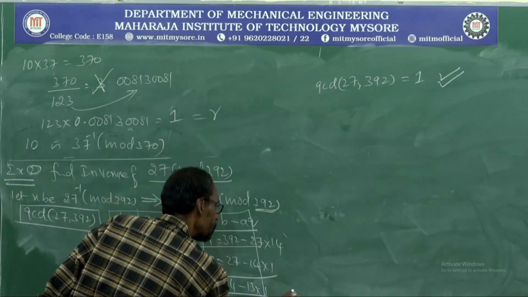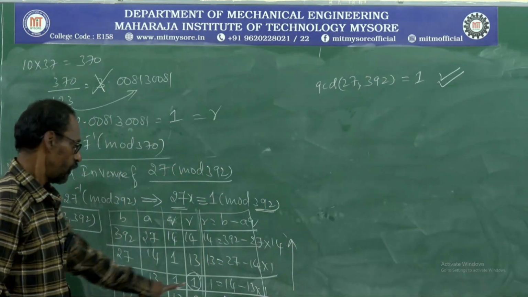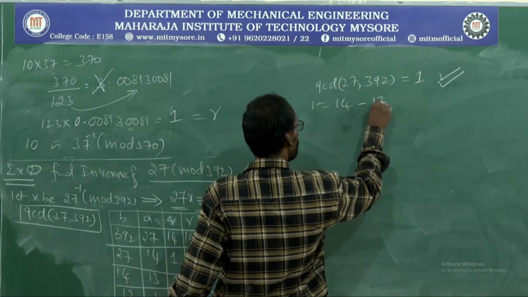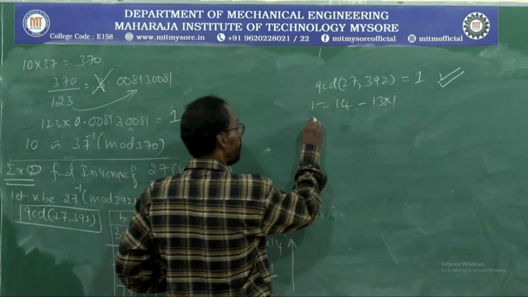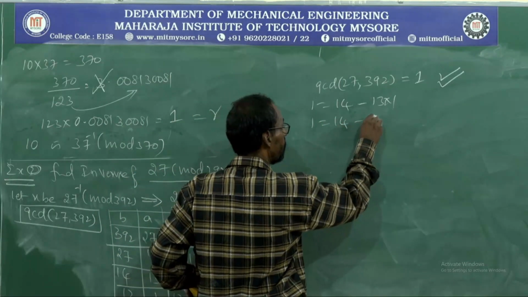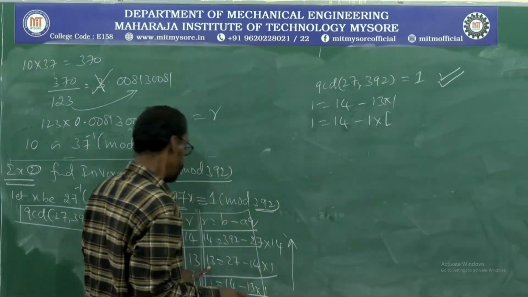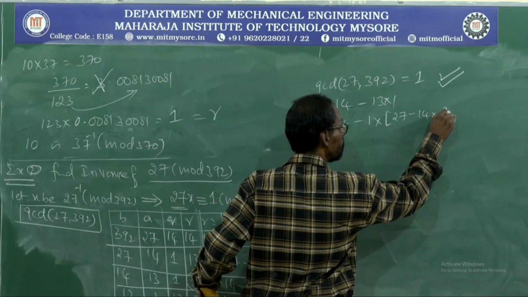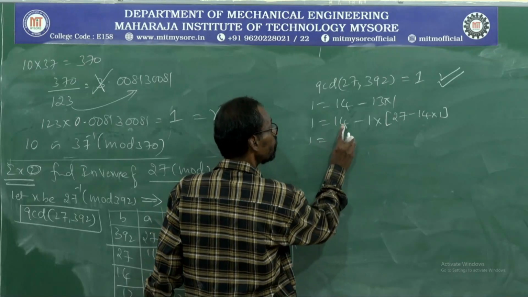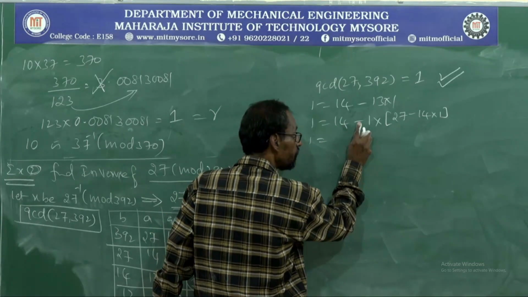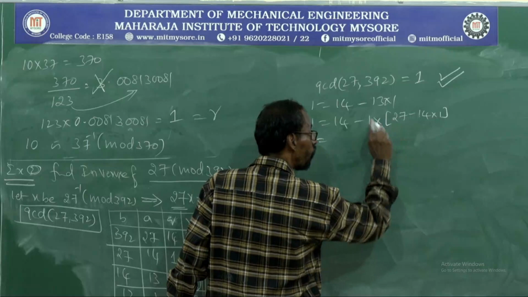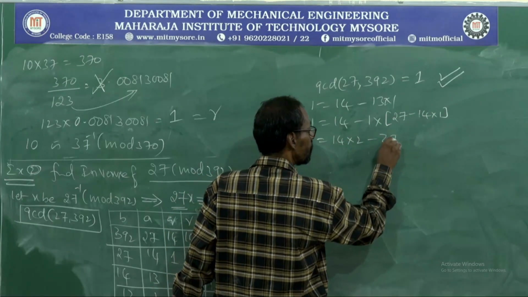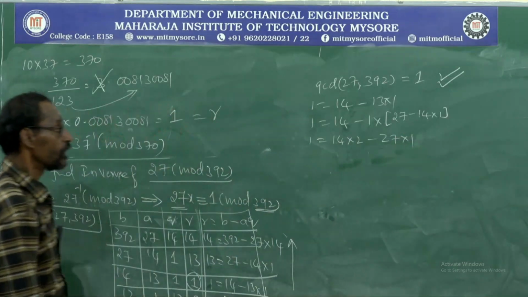How to find the inverse? Go upward. We can write 1 equal to 14 minus 13 times 1. Your 13 can be taken as 27 minus 14 into 1. Simplify: 1 equal to 14 minus 27 plus 14 into 1. We can write 14 into 2 minus 27 into 1.